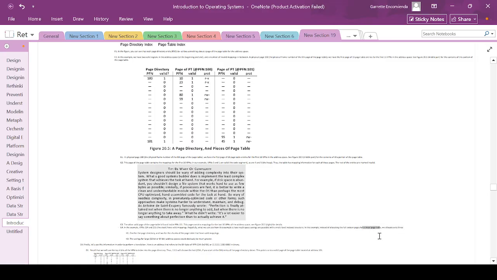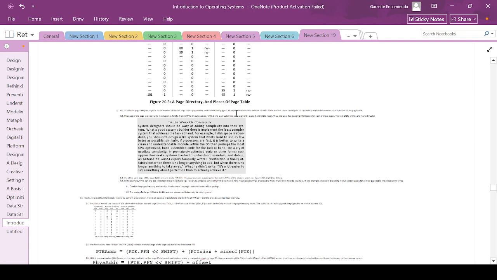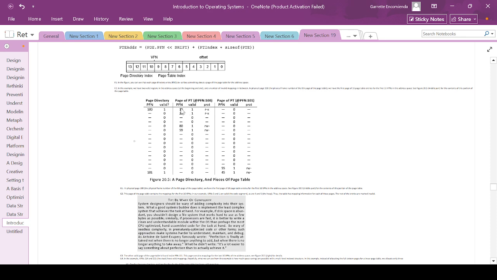For a linear page table, we only allocate 3, which is 1, 2, and then 3 for the actual page table. So this is where we get the actual page table here, PFN 10, PFN 23. So we convert that from 100, we get 10, 23, 80, 59 as a physical frame, and then 50, 45.